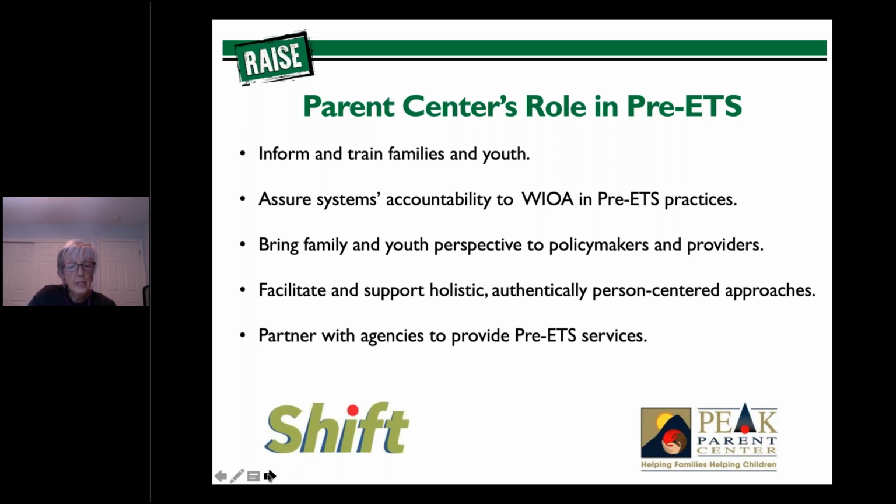And then the final one, actually partnering with Pre-ETS agencies to provide Pre-ETS services. And you are going to hear about some examples of that as you hear from the other speakers today.